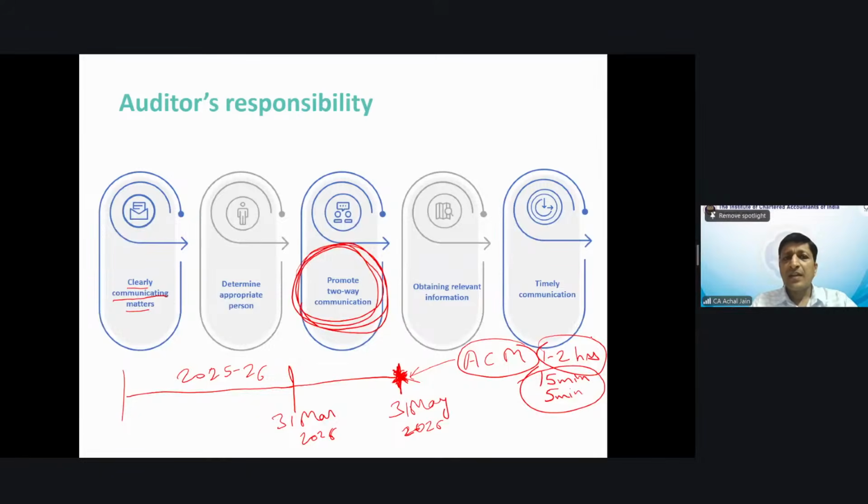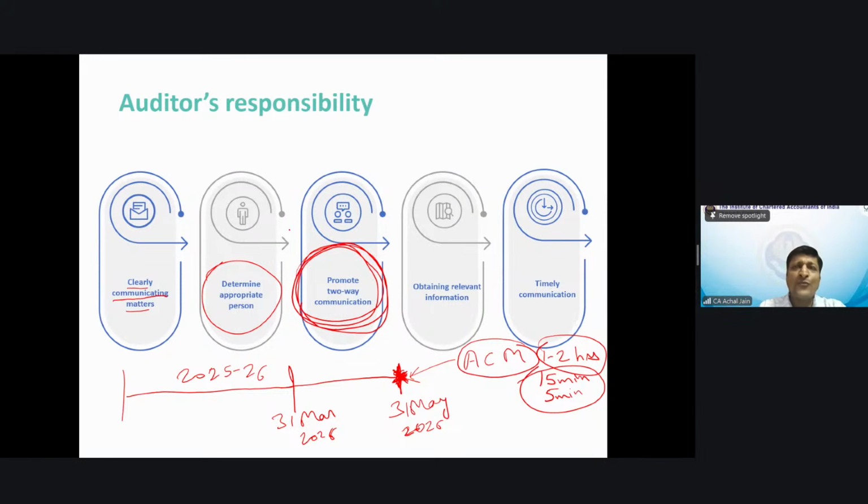So that's why some of the steps you'll have in such a situation. Determine the appropriate person. So of course, let's suppose audit committee comprises of 4 persons, 5 persons, 3 persons. So each and everyone may not be involved in these discussions. So who is going to be involved in the detailed discussions?